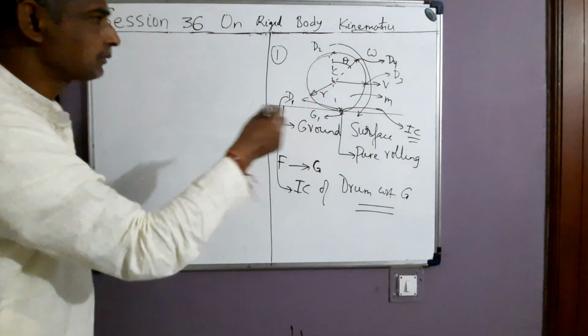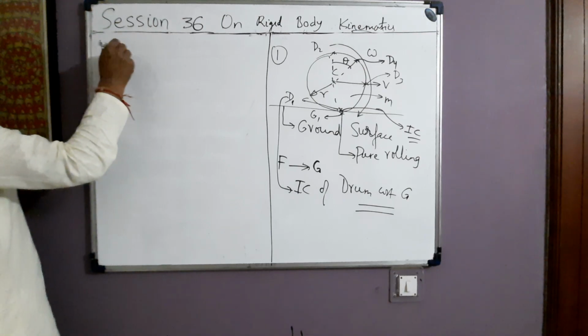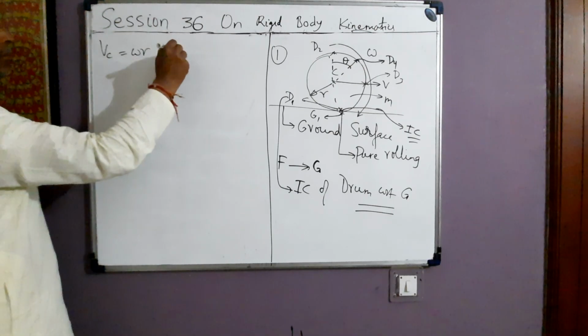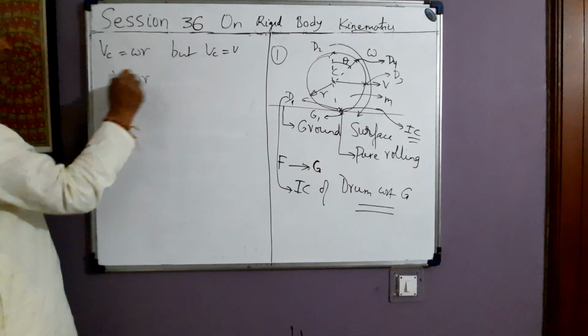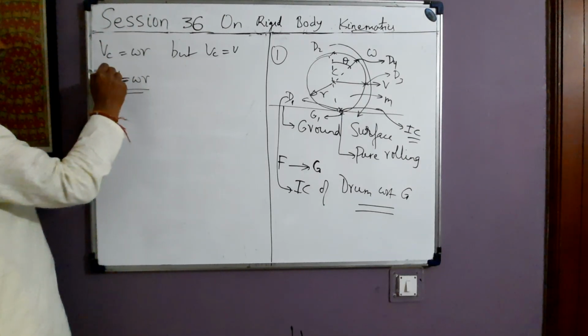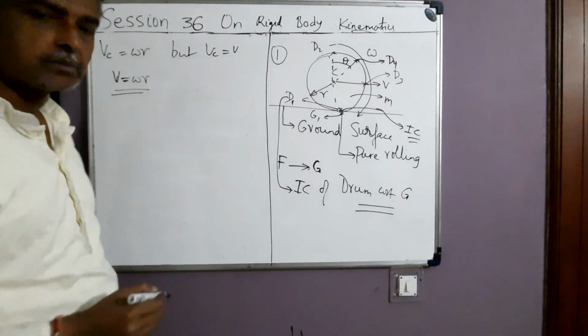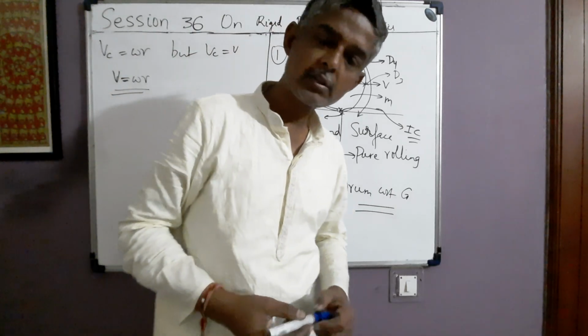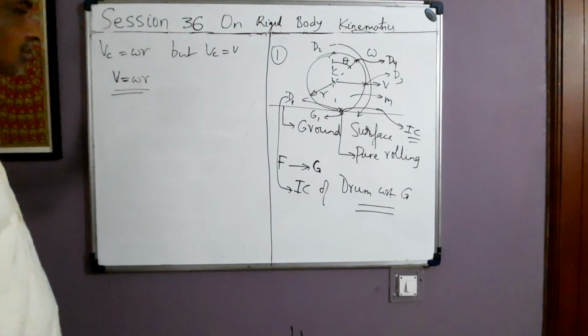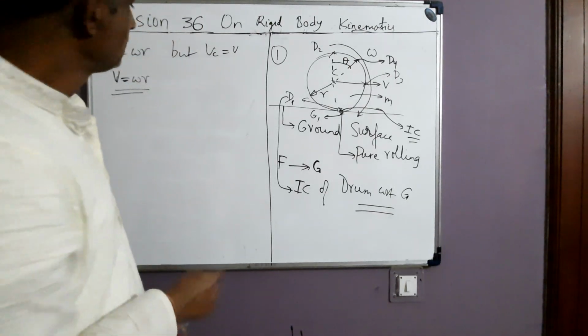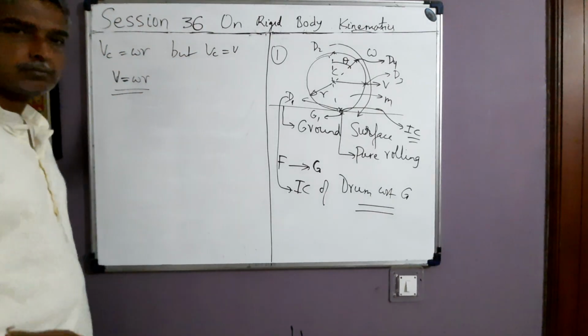So from the IC concept, the velocity of C is simply omega R. But the velocity of C is given to be V. So V is equal to omega R. The same relation we obtained by the SRC method has also been obtained directly.